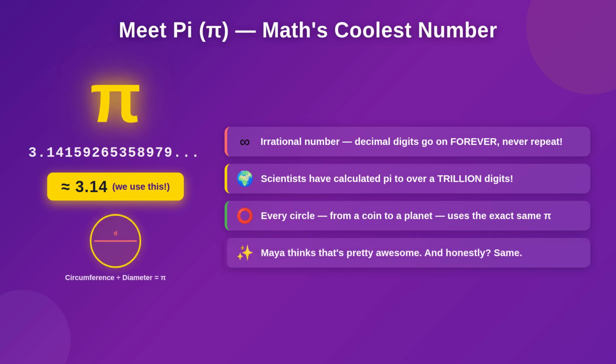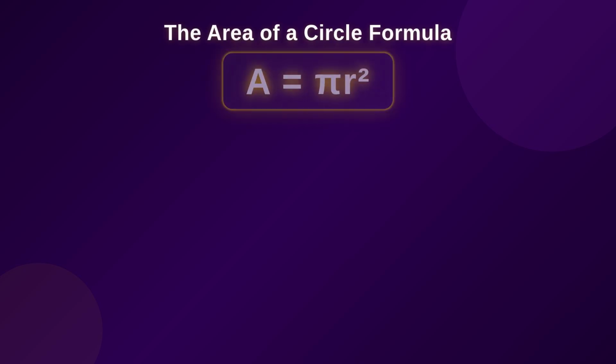Pi is an irrational number, which means its decimal digits go on forever and never repeat. 3.14159265. It just keeps going. Scientists have tabulated pi to over 1 trillion digits. But the coolest thing? Every single circle, from a coin to a planet, uses the exact same pi. Maya thinks that's pretty awesome, and honestly, same.